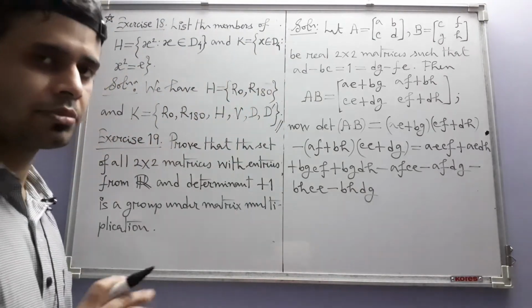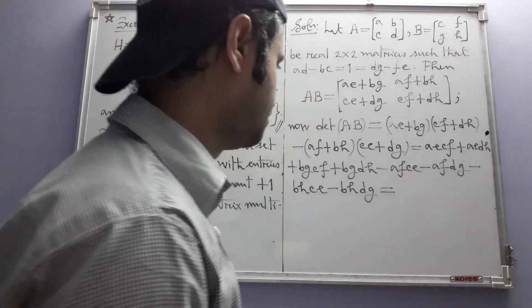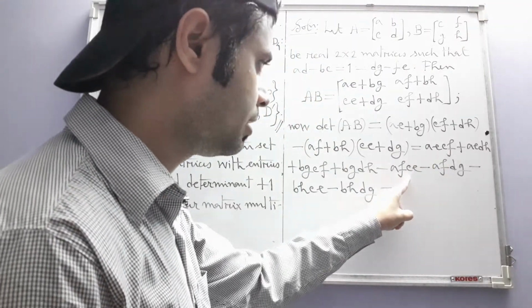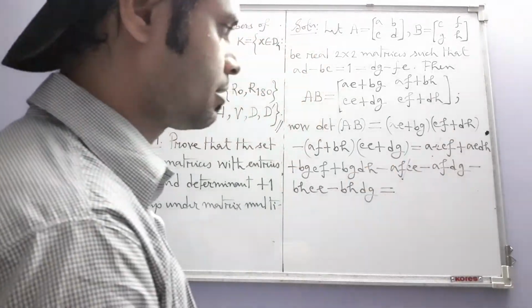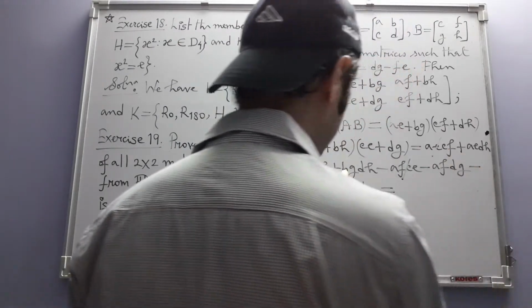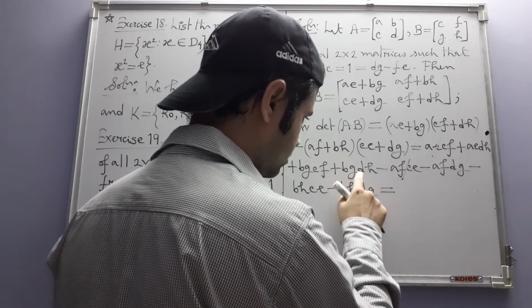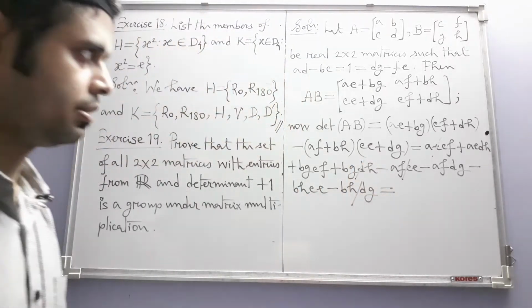Now there will be some cancellations. Let's identify them. AECF minus AECF, so these two terms cancel each other. Then BHDG, BHDG, so they cancel each other.